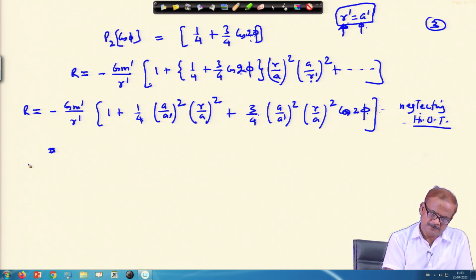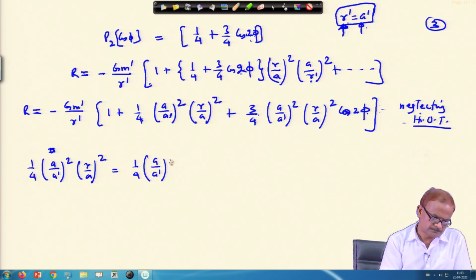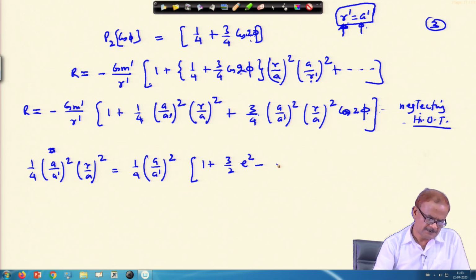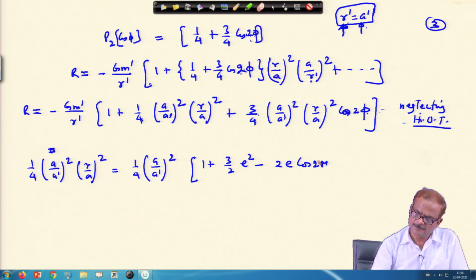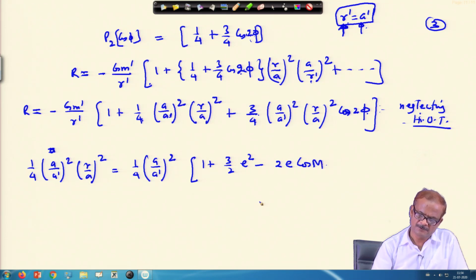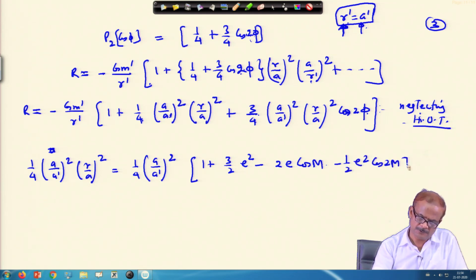Now, 1 by 4 a by a prime square, r by a can be expanded. All these materials you will find there, written here in this format, cos m. Actually, this can also be taken as an exercise problem. 1 plus 3 by 2 e square minus 2 e cos m minus 1 by 2 e square cos 2m.